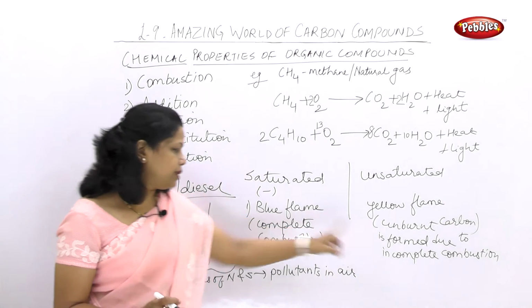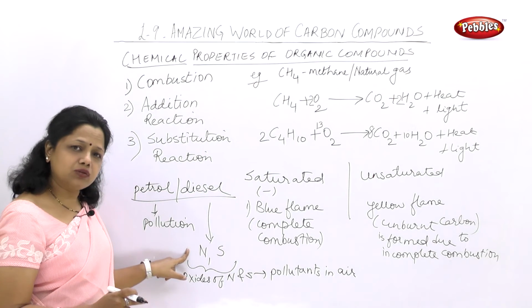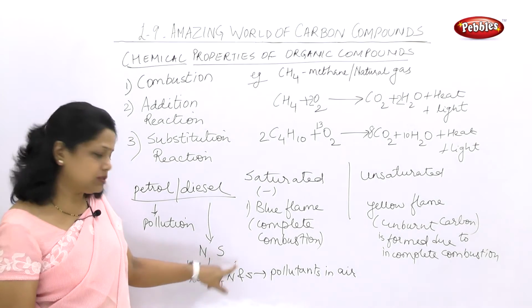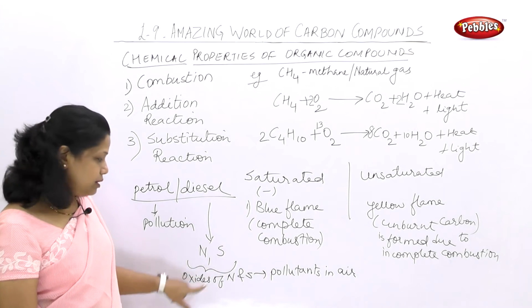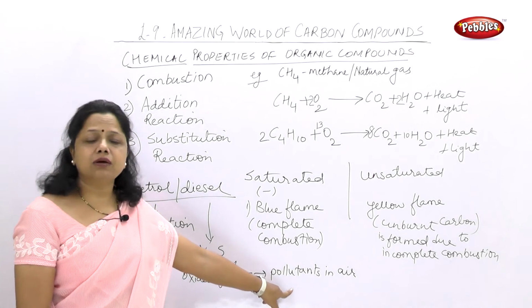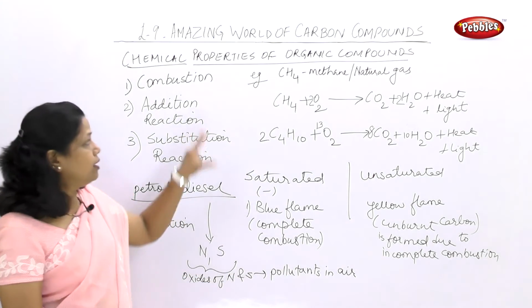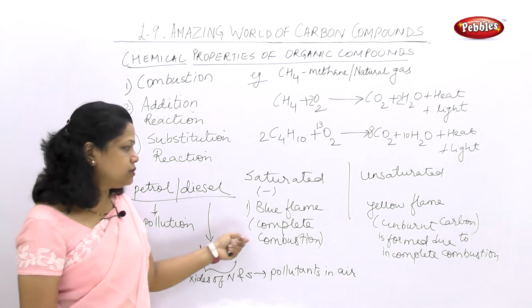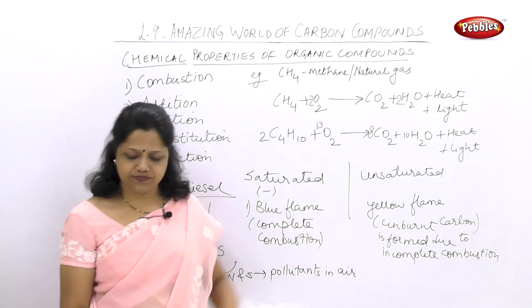Incomplete combustion is happening, and they also contain nitrogen and sulfur. When nitrogen and sulfur react with oxygen, they form oxides, and these oxides are added to the air as pollutants. And that is why combustion can be of two types: complete combustion and incomplete combustion.